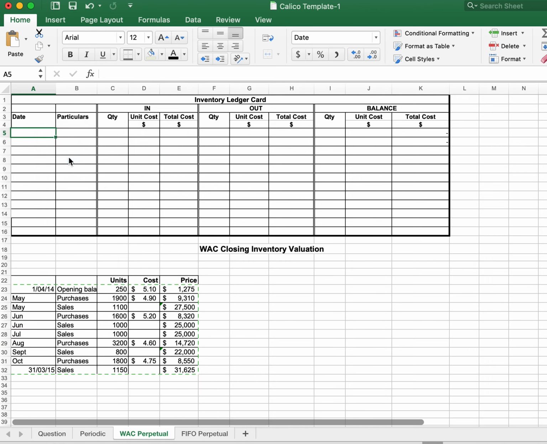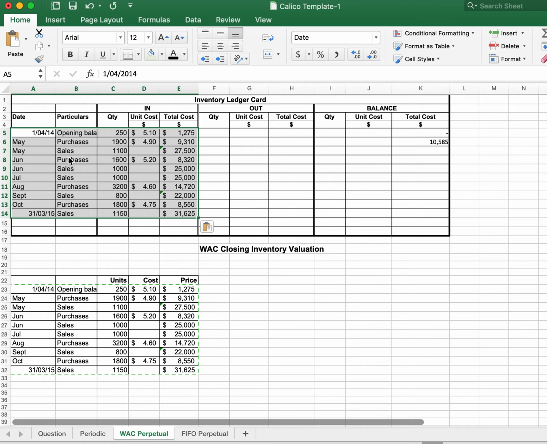So that sort of fits there, which is okay. So that's the ones in. I'll just get rid of the ones that are going out. So this section here is just covering in, so we don't need to put anything that's going out.